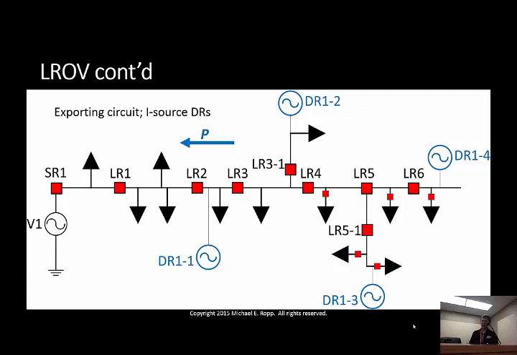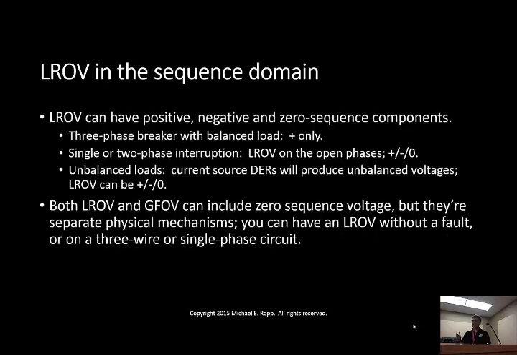Part of the reason we take such pains to differentiate LROV and GFOV is that, as I mentioned before, strict classical GFOV is a zero sequence phenomenon. Be careful to get these right. LROV can be positive, negative, or zero sequence, any combination of the three.